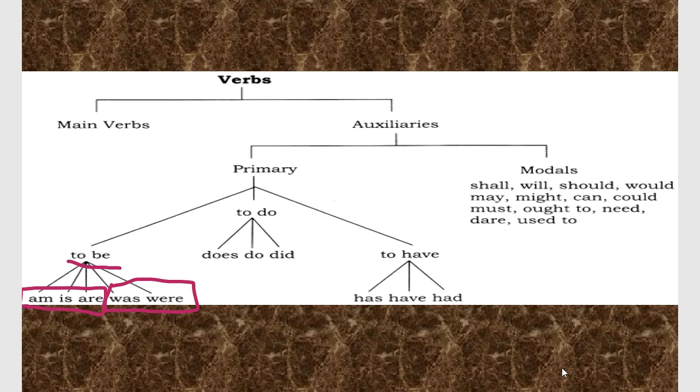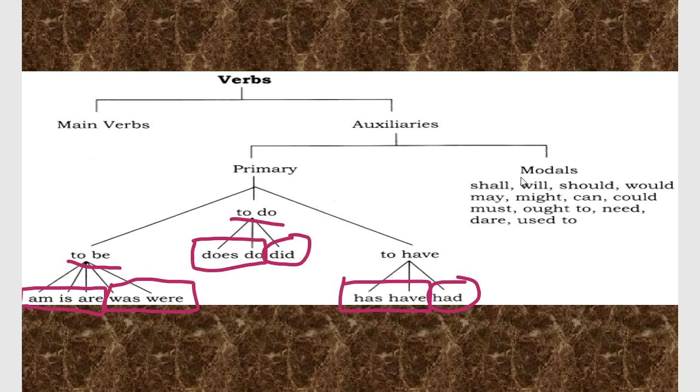Similarly, the to do verb can be divided into do and does in the present form and did in the past form. Fine. To have can be divided into has and have in the present form and had in the past form. Clear? All of you till here? I hope it's clear to all of you.